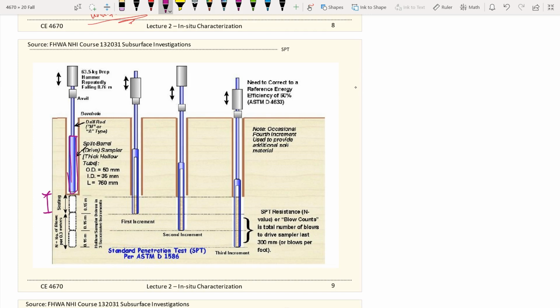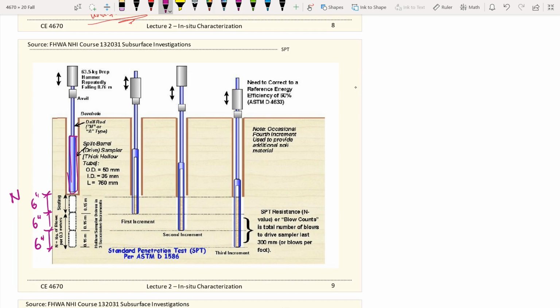So for example, here is the depth that you want to look at. Every 6 inches, you will monitor the number of blows to advance that interval.